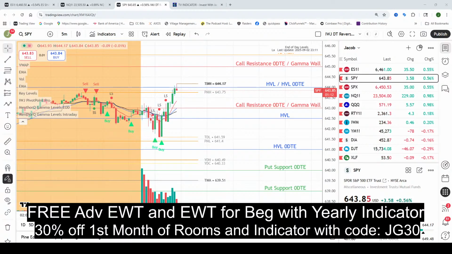All right, let's see if we fail here and get enough to get a sell signal. I'm currently sitting on a 644 put, waiting for a sell, just so you guys are aware.